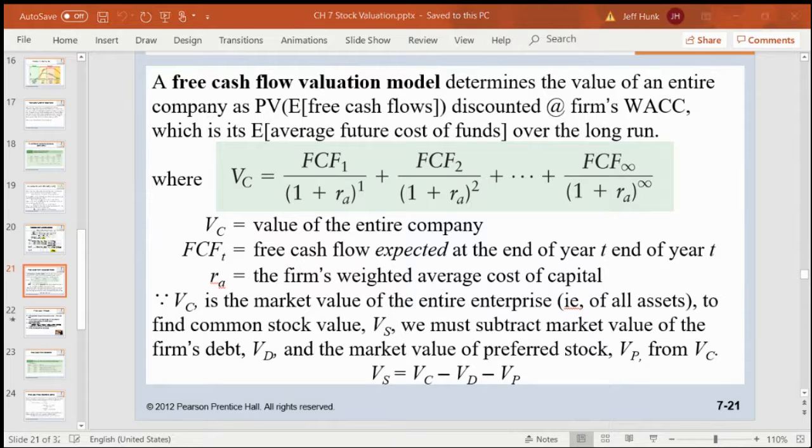Let me use that. Okay, try. So what that means is, what is weighted average cost of capital?